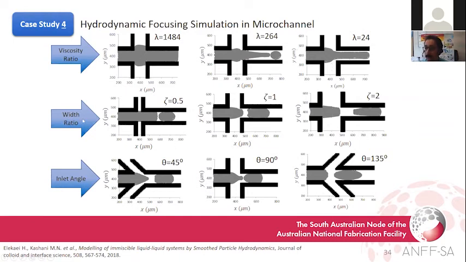Even if you change the width ratio of this cross intersection, you will see a different structure and different shape for the droplet that is produced after this intersection. And by changing the inlet angle, you will see an even different structure. This is 45, this is 90, and this is 135 degrees. So it's very dynamic, and you need to decide which of these structures best suits your work and your study.